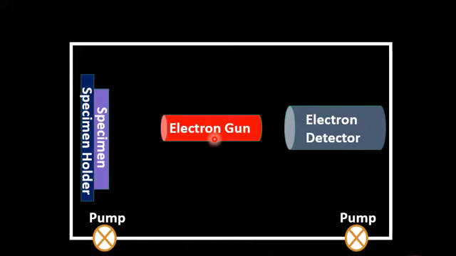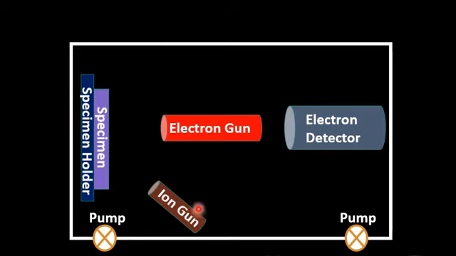Another essential or additional component in Auger electron spectroscope is known as the ion gun. The ion gun in Auger electron spectroscope plays a very important role. The ion gun uses a focused beam of ions.